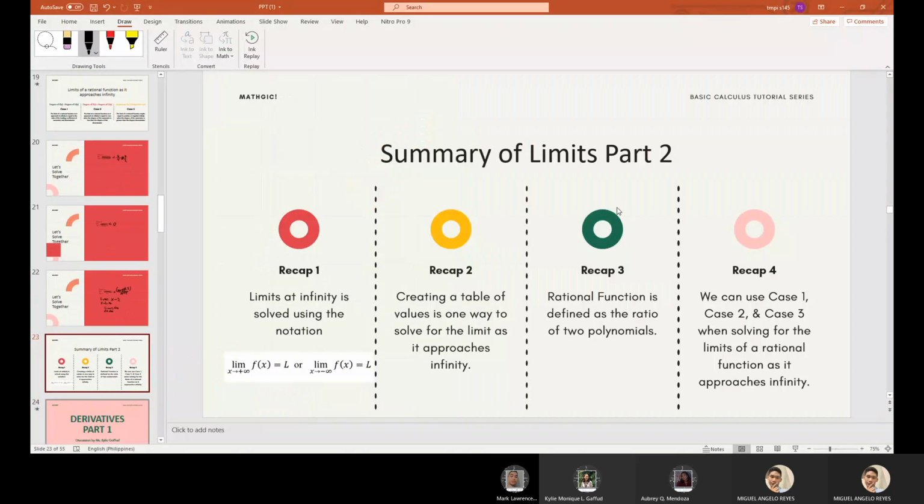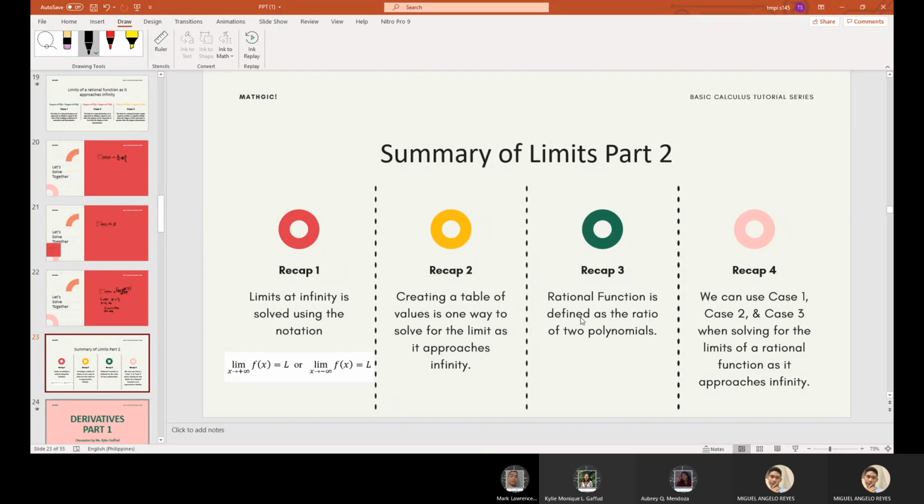Now let's go to the next slide. The summary of limits part 2. Let's recap number 1. The limits at infinity is solved using the notation: the limit of f of x as x approaches positive infinity is equal to L, or the limit of f of x as x approaches negative infinity equals L. Creating a table of values is one way to solve for the limit as it approaches infinity.